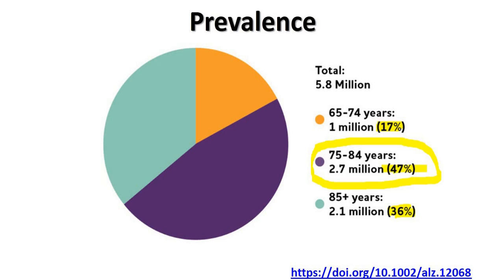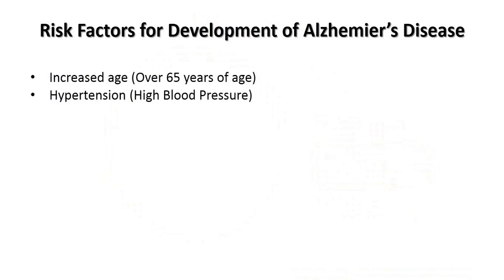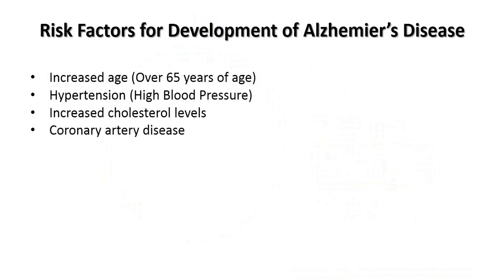What are the risk factors for development of Alzheimer's disease? Increased age, your age is more than 65 years, you are suffering from hypertension, you are hypercholesterolemic, more cholesterol, coronary artery disease, you are having comorbidities such as diabetes.